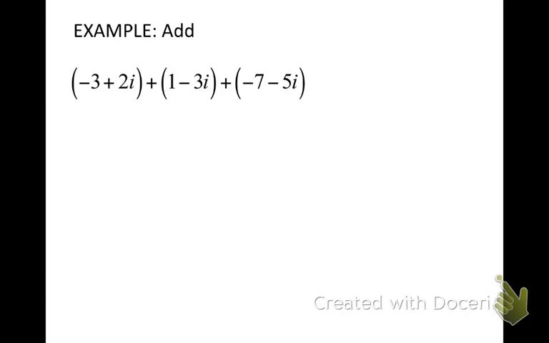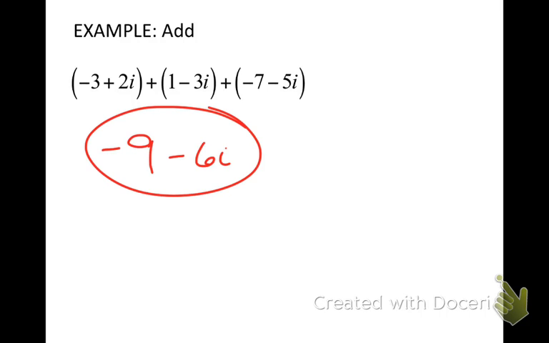You guys okay? So when you add all your reals together, we get what? -3 plus 1 is -2 plus -7 gets me -9. 2i plus a -3i would be -1i. Yep, so -6i. And there it is.